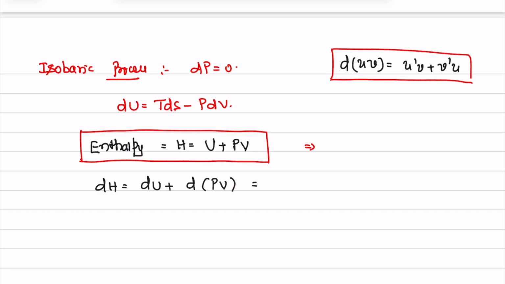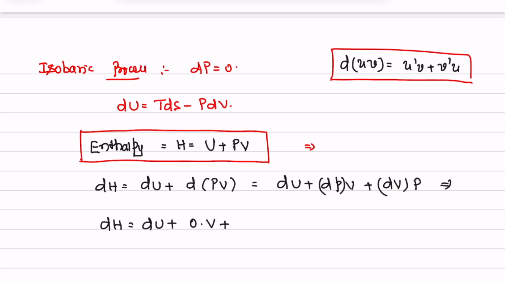Then this will become dU plus dP into V plus dV into P. That implies dH is equal to dU plus dP into V, because P is constant, dP is 0, so 0 into V plus P into dV, that is equal to dU plus PdV.